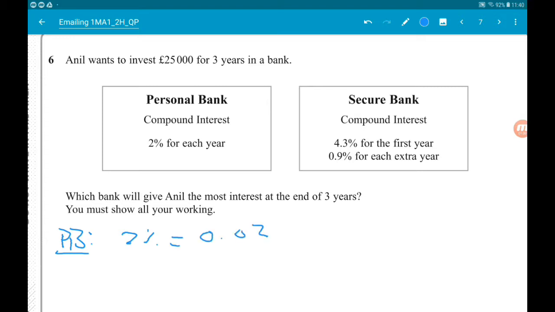So to work out how much money Neil is going to have after 3 years, we do 25,000 times 1.02.